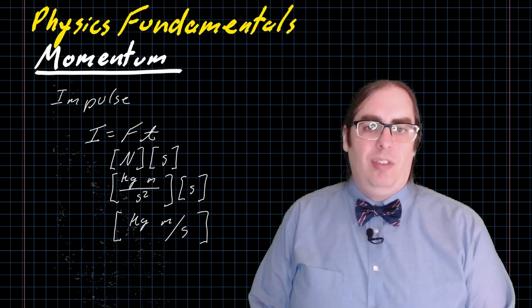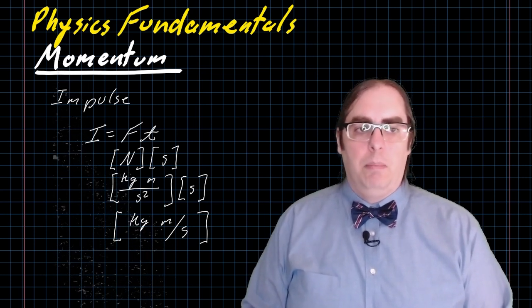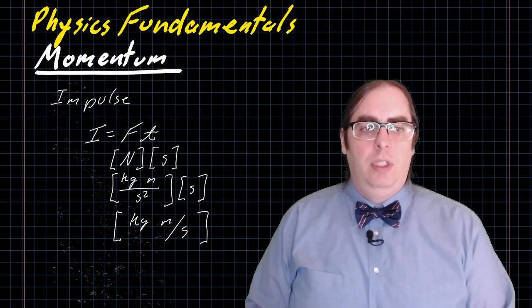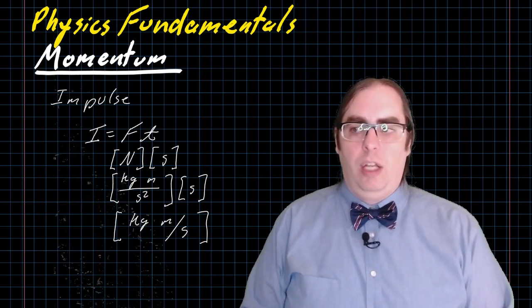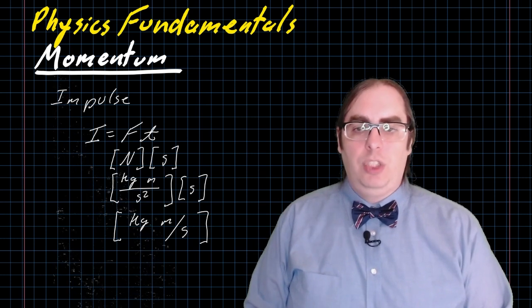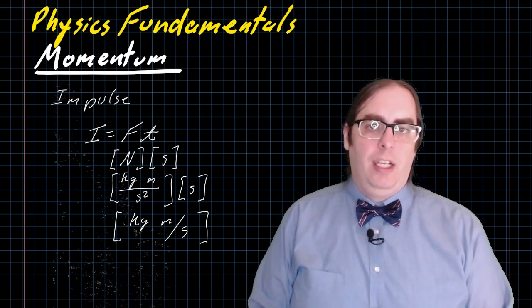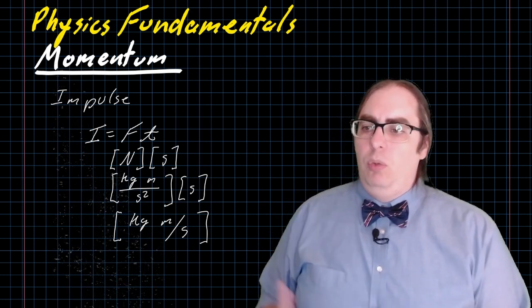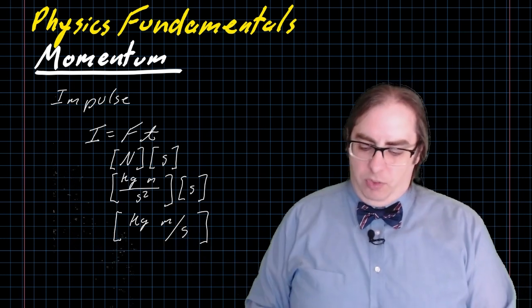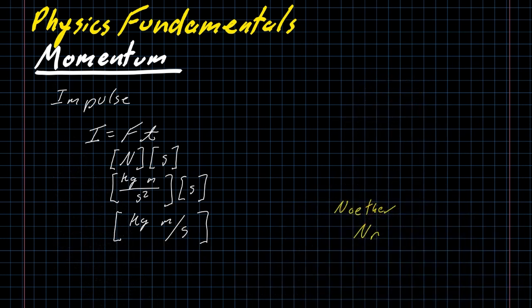Her work is the cornerstone of the modern understanding of conservation laws, and we are going to get to a conservation law using these units by the end of the video. So if you don't want to write out kilogram meter per second, there is this other unit that people are trying to make exist. I have not yet seen a textbook using it, but there's a lot of talk of it in scientific communities, and who knows, maybe 15 years from now it will finally get adopted.